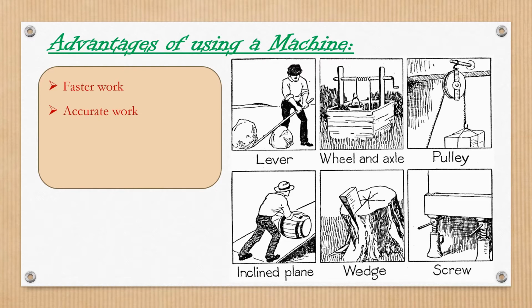The third advantage is heavy and delicate work. Tasks which are too heavy or too delicate for human muscles can be easily done with the help of machines. And the fourth advantage is repetition of work. A machine can perform the same task again and again with the same accuracy every time.